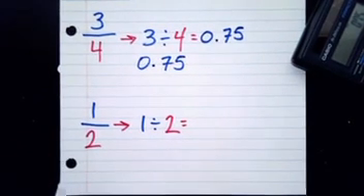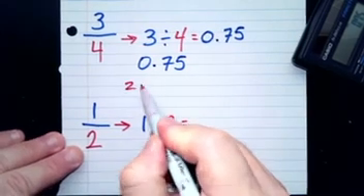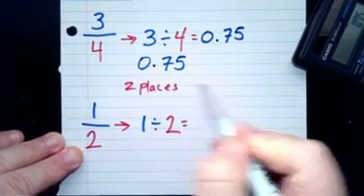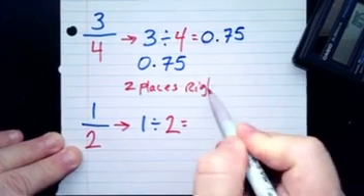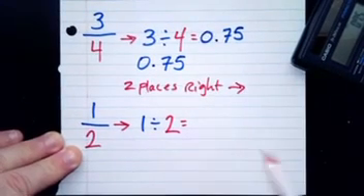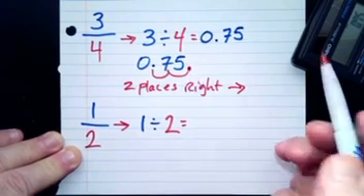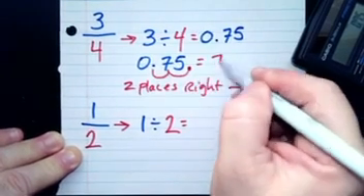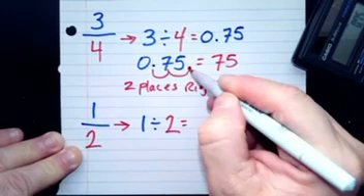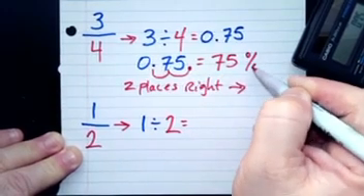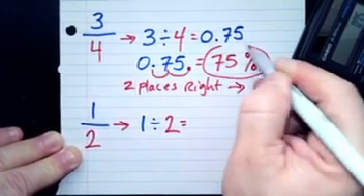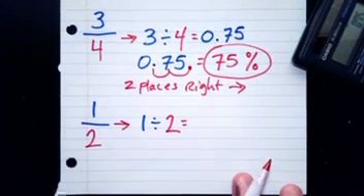So what I'm going to do is move 2 places to the right. I'm going to take this decimal, move it 1, 2 places there. 75. That decimal is invisible. All I'm going to do is add my percent symbol. Hey, I'm done. That's it.